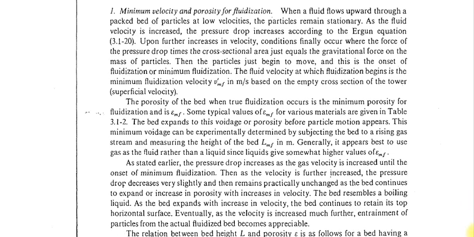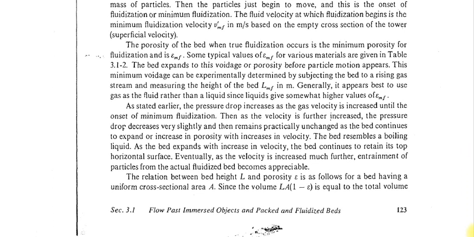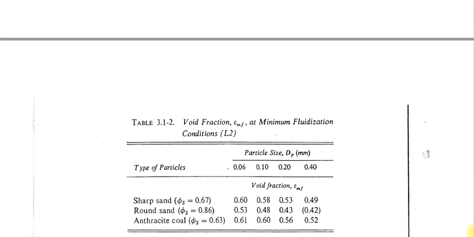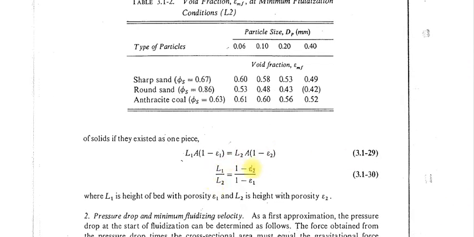Once the fluidization starts, you can correlate the porosity or the void fraction of the bed to the length of the bed by using this formula. This formula is derived by equating the volume of the solid particles.